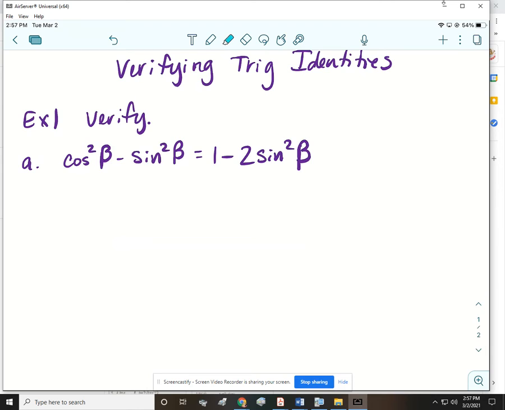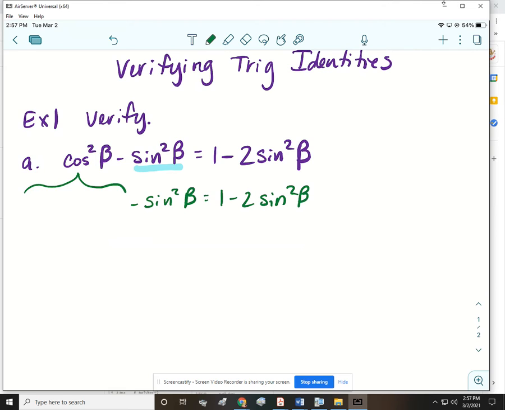So we want to change the left to look like the right, and we're going to use our identities. So when I look at it, I see that I want to end up with 2 sine squared of beta. So I would choose to leave my sine squared of beta alone because I know I want sine squared in my answer. And I would change cosine squared of beta, keeping in mind what I want to end up with.